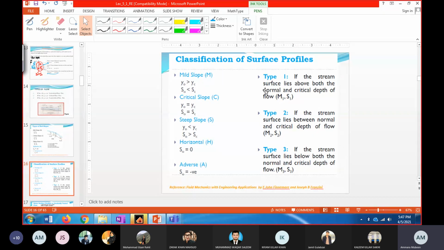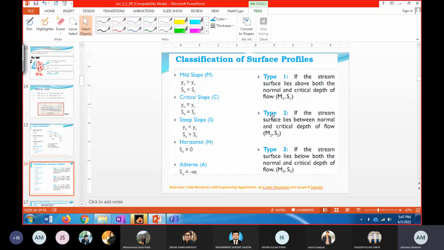Type 1, if the stream surface lies above both normal and critical depth of the flow. When the depth of flow is in zone 1, and this criteria is fulfilled, like it is mild slope and depth of flow is in zone 1, that would be called an M1 profile.